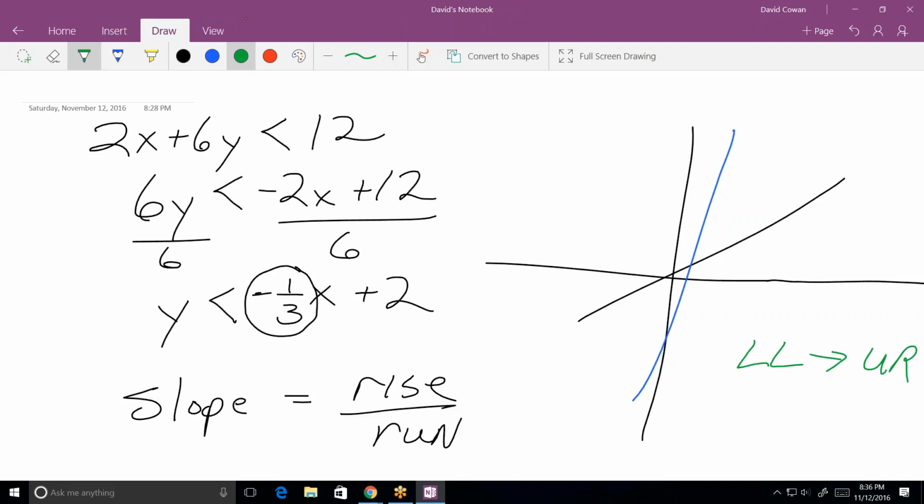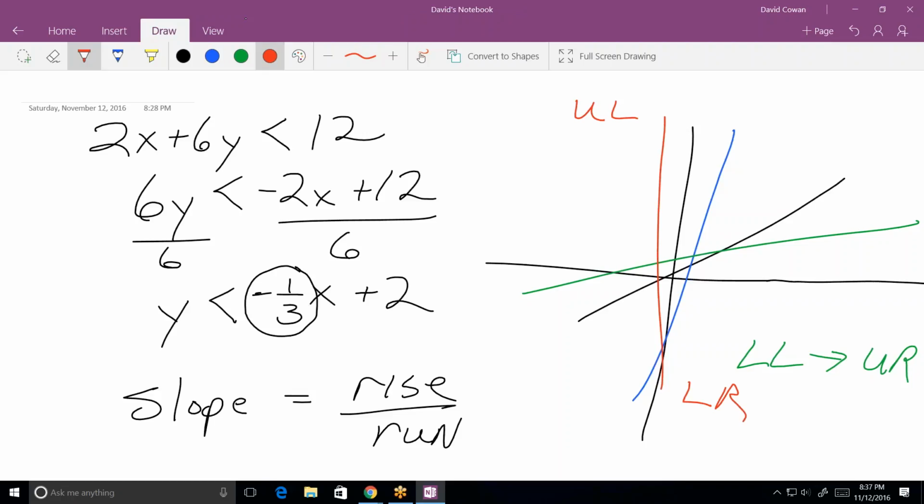If I draw that, what is that green one? That's positive. Correct. How about this one? That's negative, because I go from upper left to lower right.